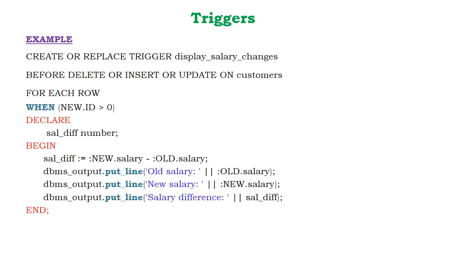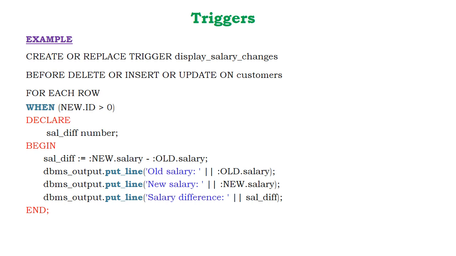One more example, we are going to calculate the salary difference. How to write the trigger here? Create or replace trigger and mention the trigger name, for example, display salary changes. When you are going to take action, before delete or insert or update on customer table. For each row, when the condition is new dot id greater than 0.